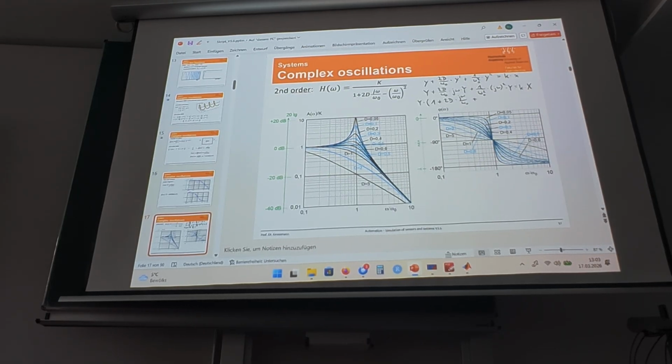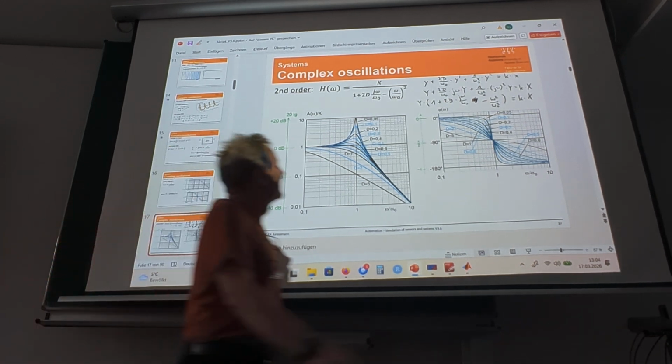So we can replace this with a minus sign, and I do not write here a plus, I write a minus omega squared divided by omega 0 squared, equals k times X. And sorry for my handwriting.